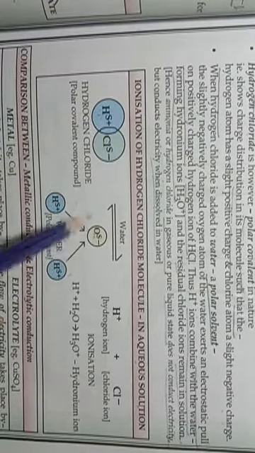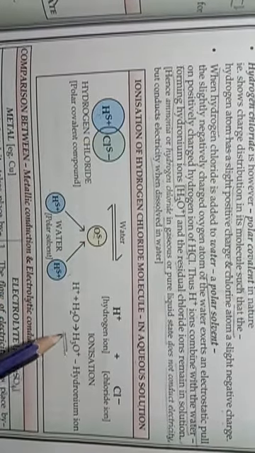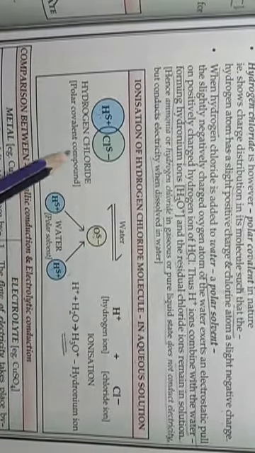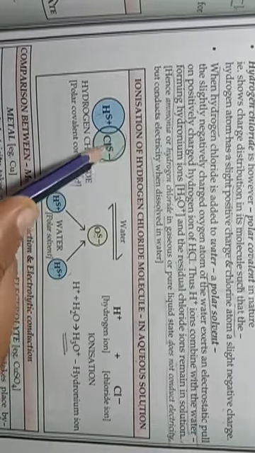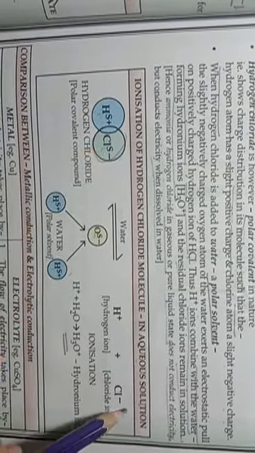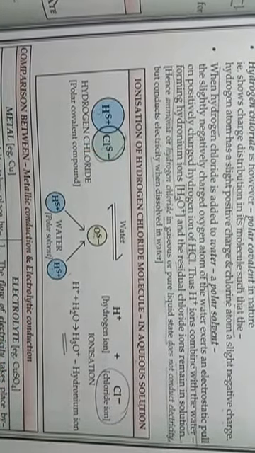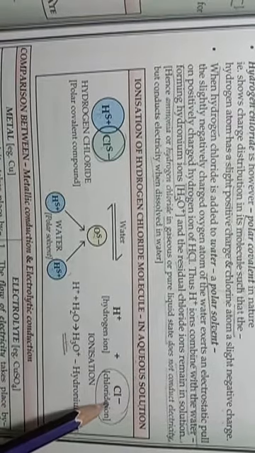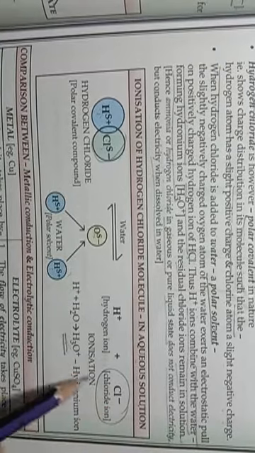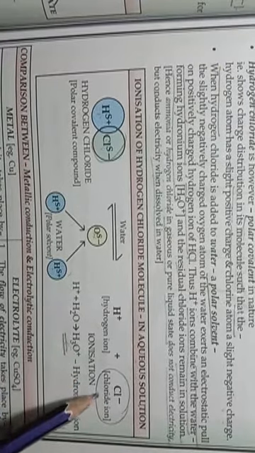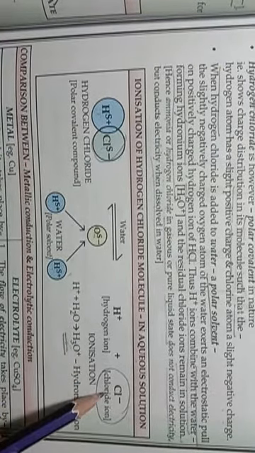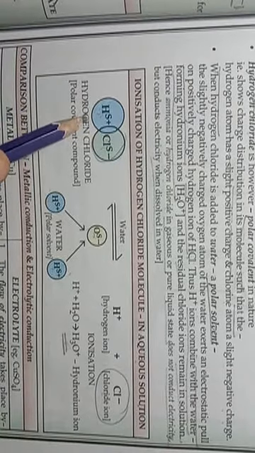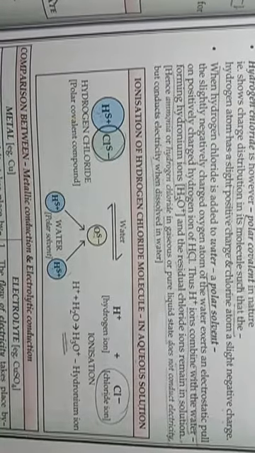This H will come out, and with a water molecule it gets converted into the hydronium ion, and the Cl minus ion remains free in the aqueous medium. So two ions are formed, the H3O plus hydronium ion and the chloride ion. Due to the presence of these ions, HCl conducts electricity in aqueous solution.